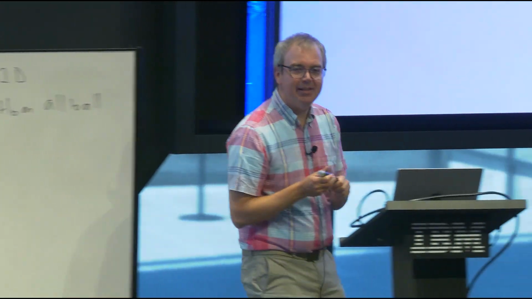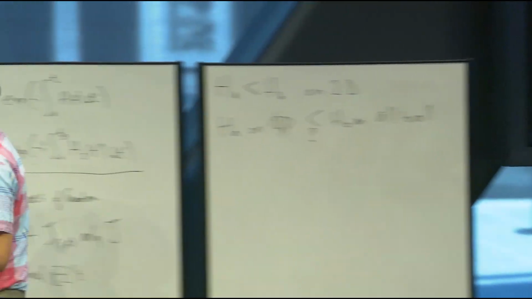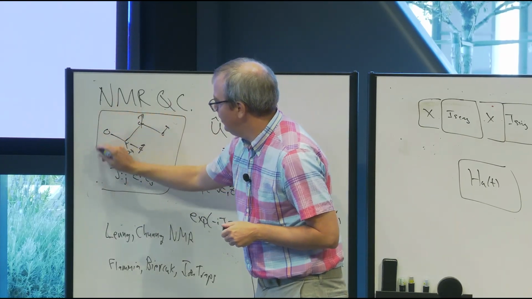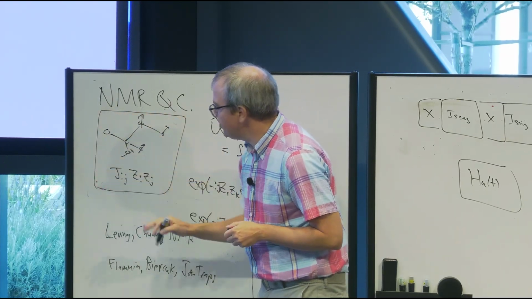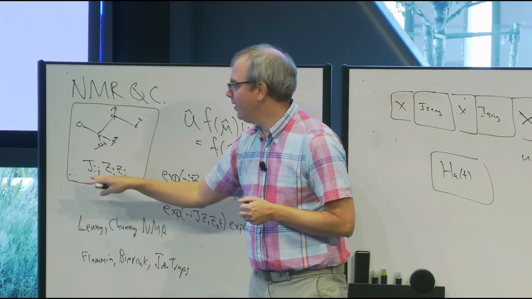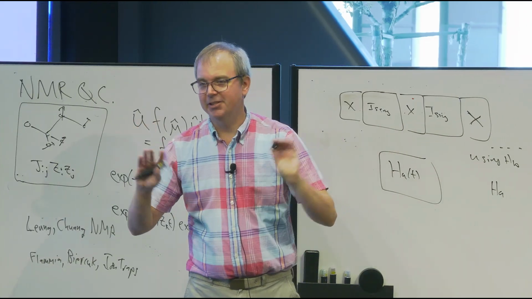Any questions? Does that make sense? So the way you wrote it on the left board, it looks like the J's can vary on each edge. They could. The first time I ran into this problem was in the context of NMR, and in NMR the J's vary on every edge. In our example, J is fixed; we just assume it's fixed over everything.